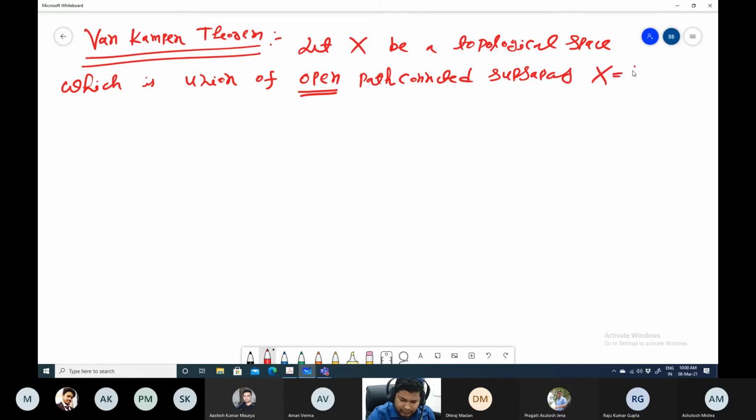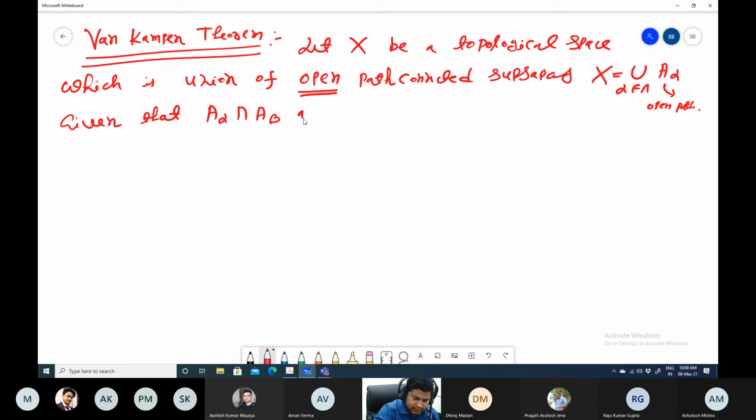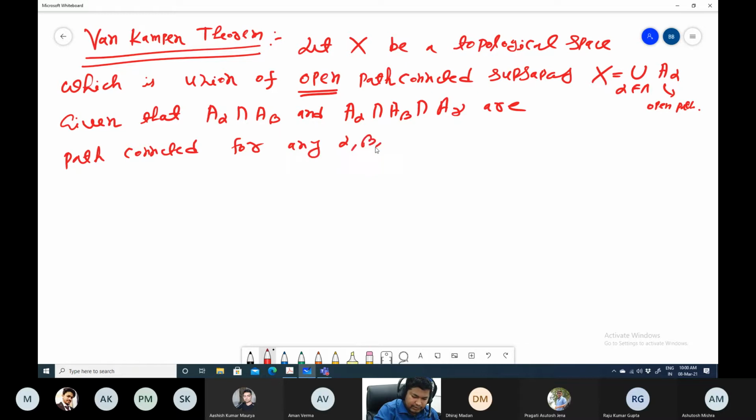That means you can take X equal to the union of an arbitrary collection A alpha, where these A alpha are open and path connected. Now also given that A alpha intersection A beta and A alpha intersection A beta intersection A gamma are path connected for any alpha, beta, gamma in this index set.